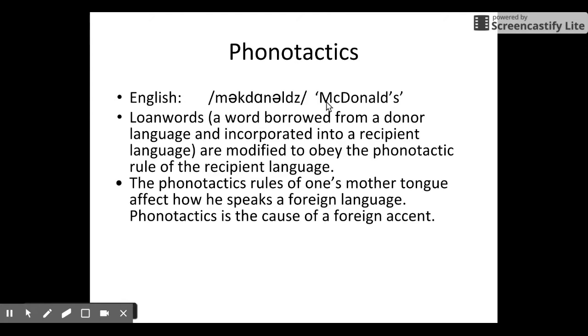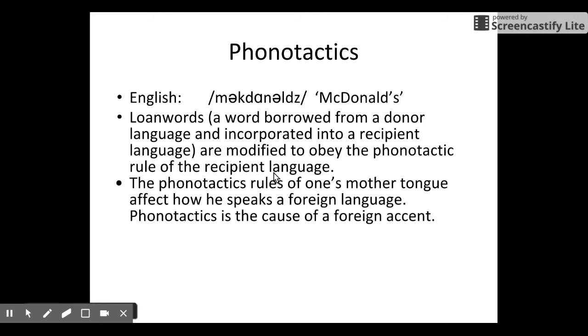Okay, I want to talk about this word, McDonald's. So before that, let's talk about loanwords. So a loanword is a word borrowed from a donor language and incorporated into the recipient language system. And when I borrow a word from another language, I modify the original word so that it can obey the phonetic rule of the recipient language.